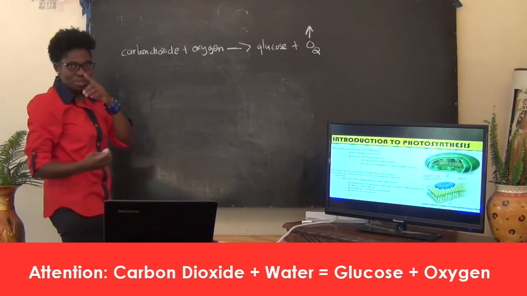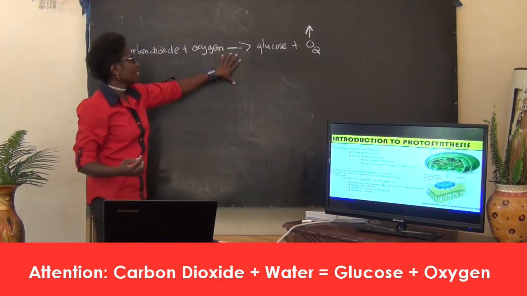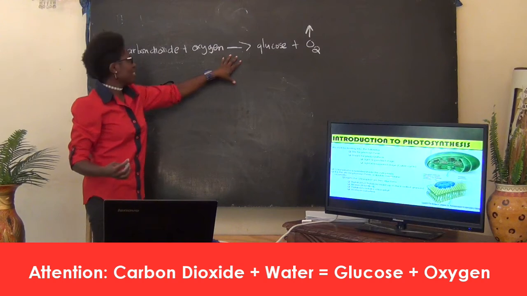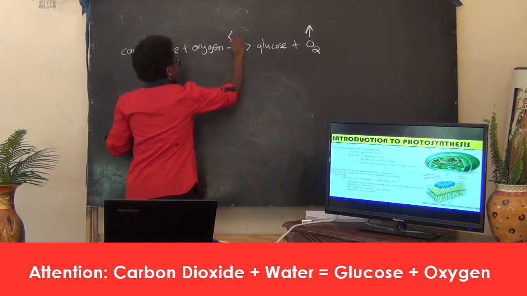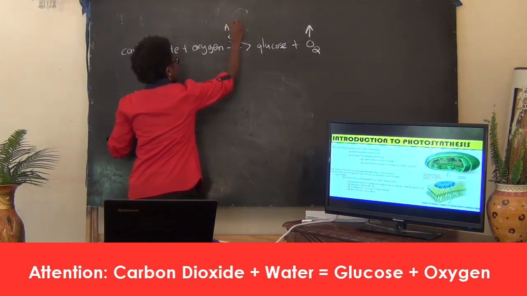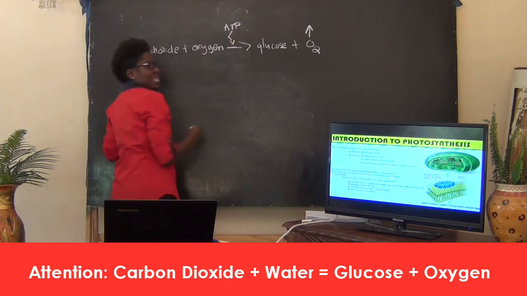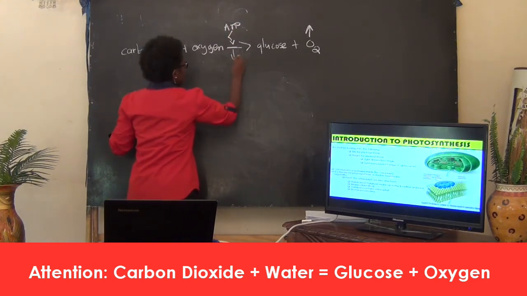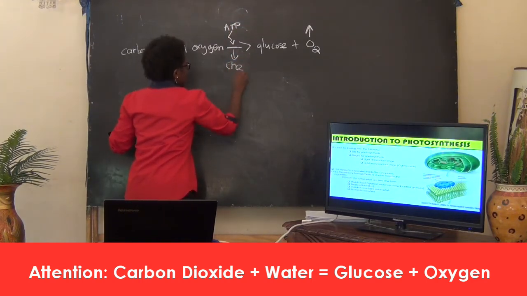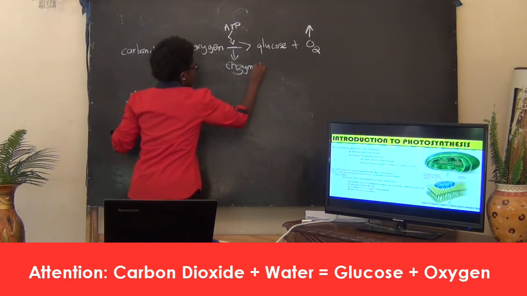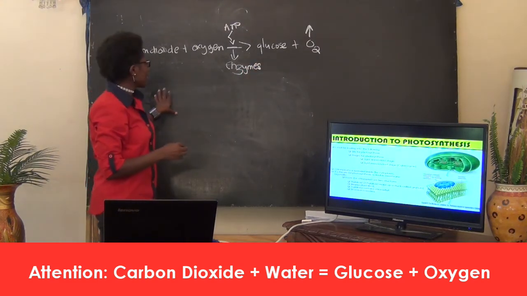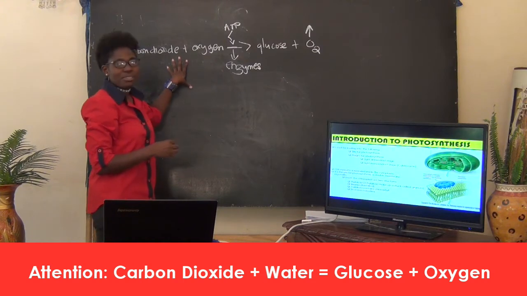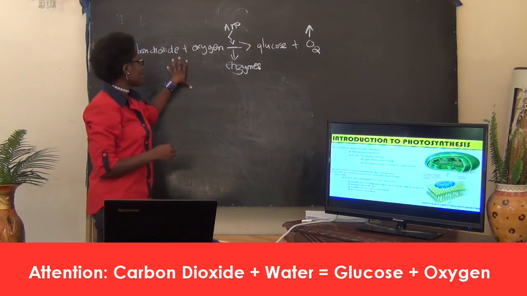And most of the times we eliminated the intricate details, such as the light, which is our source of energy, and the issues of enzymes. Because photosynthesis, as it is a process, is an enzymatic process in the sense that you need enzymes in order to come about with the desired result at the end of the day.